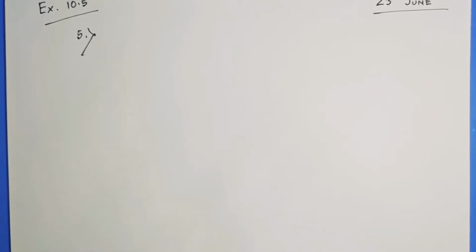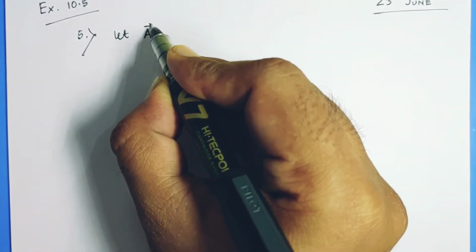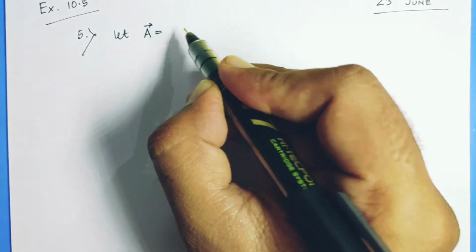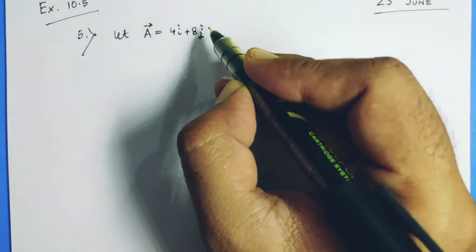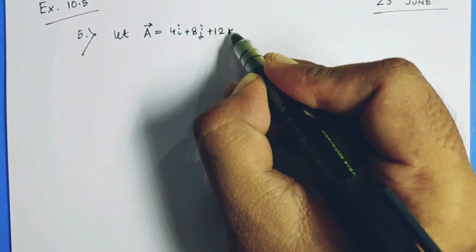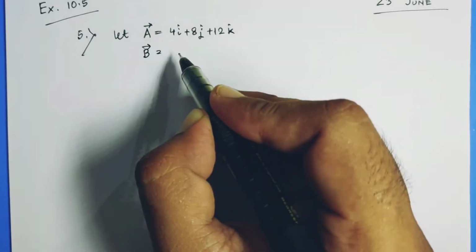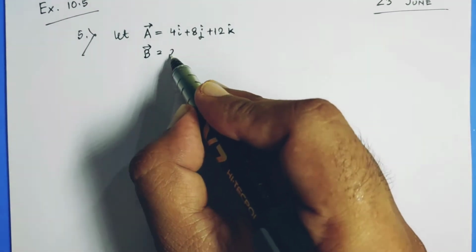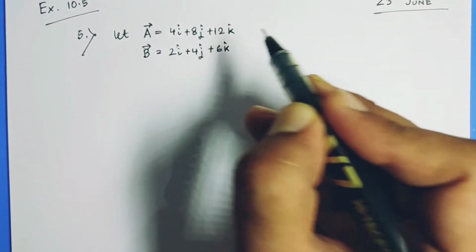So first thing, when we hear points, we can find vectors joining those points, right? So let us give the name of those points. Let A vector be equal to 4i cap plus 8j cap plus 12k cap. This is our first point. Now B vector is 2i cap plus 4j cap plus 6k cap.